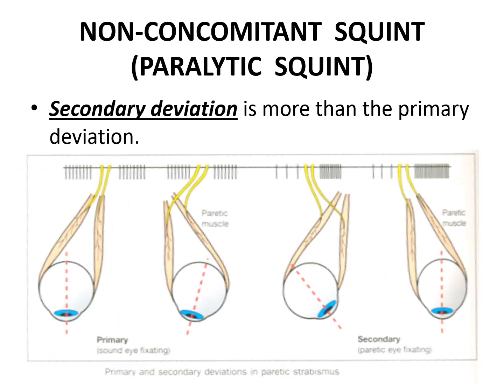So in case of paralytic squint, secondary deviation is more than the primary deviation. In this picture, you can appreciate that due to paralysis of the left lateral rectus, the eye is deviated inward. This is called primary deviation.